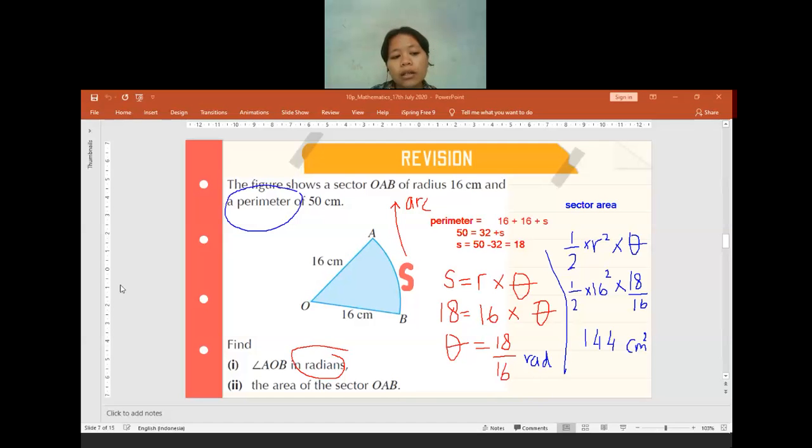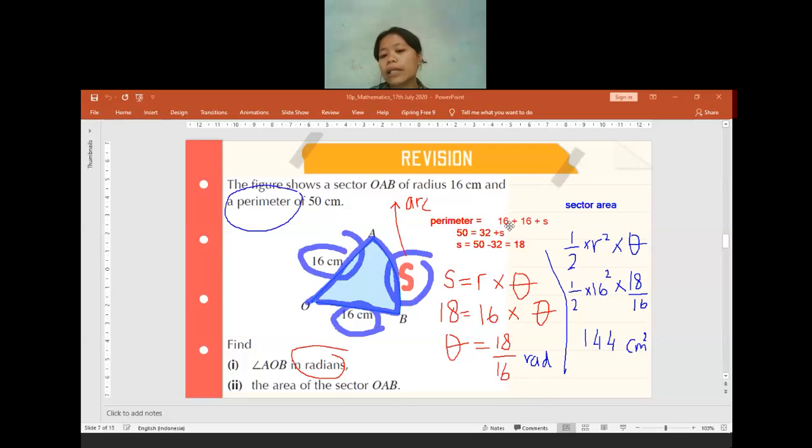It will be like this. I go from O and then go to A and then go to B and then go back to O again. So I have to do 16 plus S plus 16 to get the perimeter.